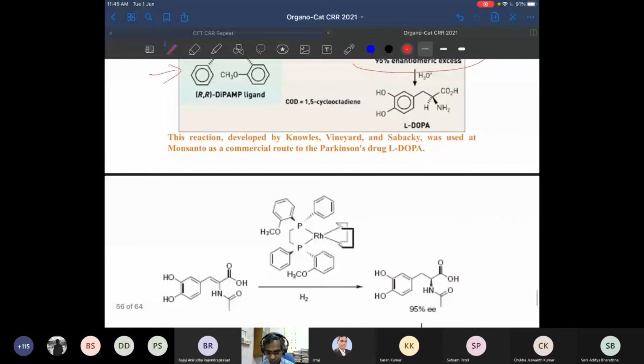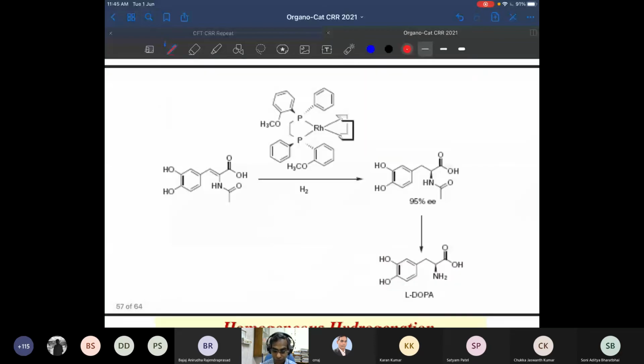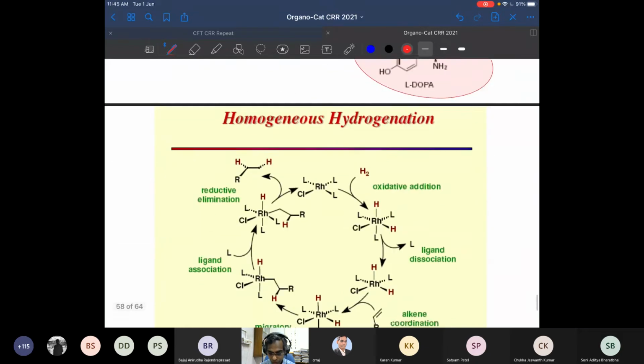Those who are really interested, you can go here, I have given all the details of the further development. A catalyst, then enantiomeric excess, and then the final product is L-DOPA. Don't worry, you don't need to mug up anything. It's just an example, but you remember the concept. The concept is very important. I hope you understand.